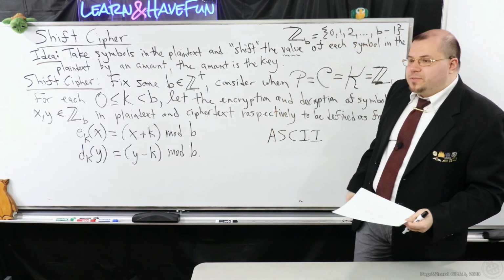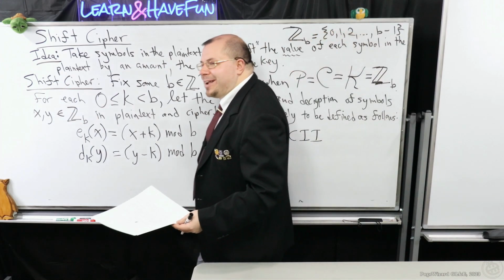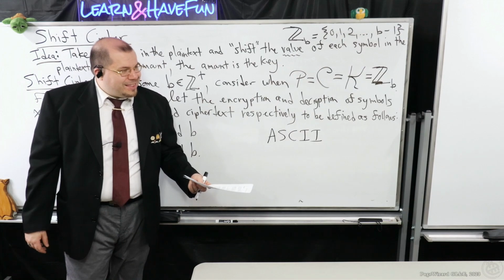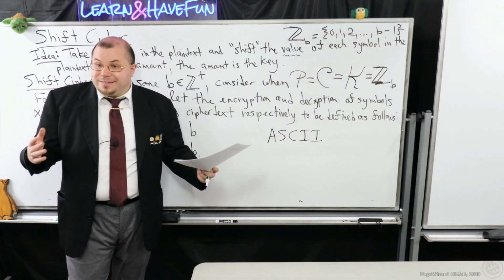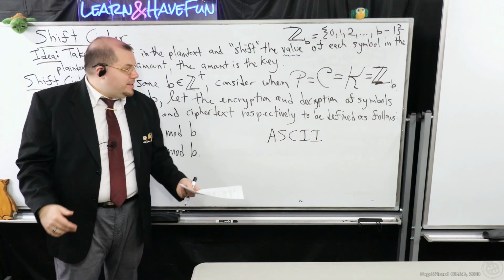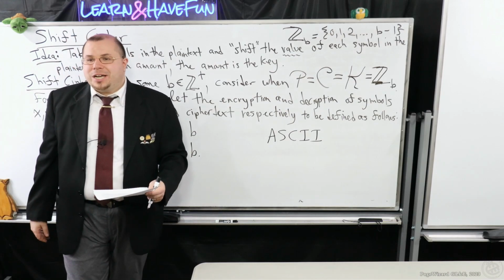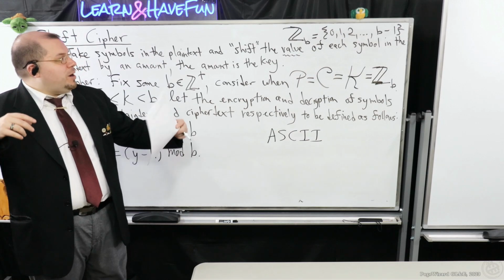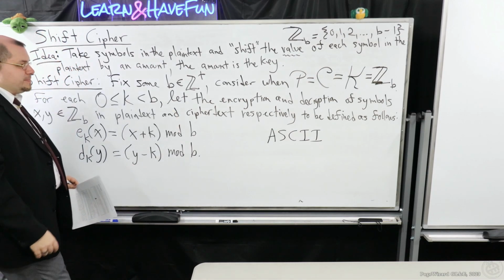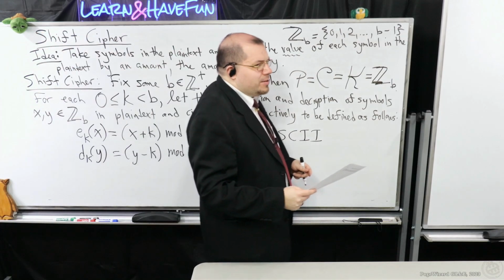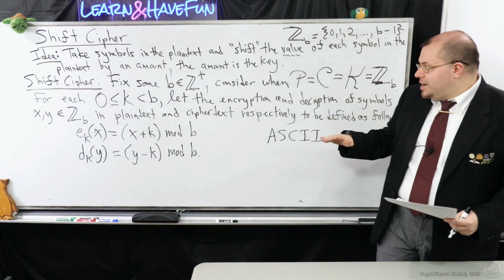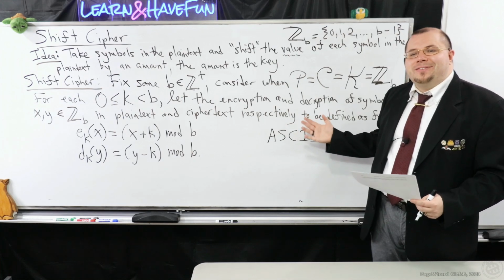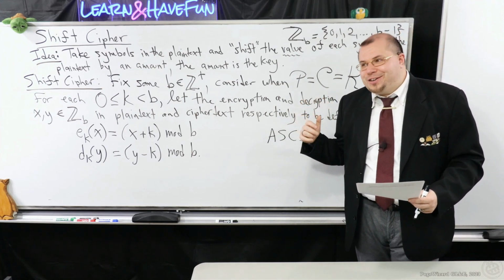For example, uppercase A doesn't sit at 0, and lowercase a doesn't sit at 0. It sits higher up in the ASCII values. So if you check out the link, you simply subtract off that small amount when you're going through this process. That's just one other detail here. But for our discussion, we'll simply use a table that gives us the corresponding values for each one of the symbols.